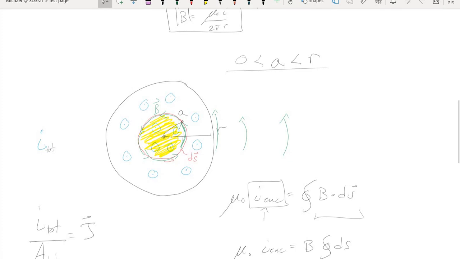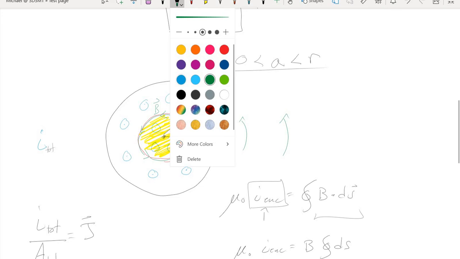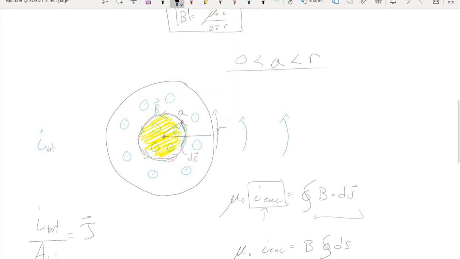Now, what do I mean by that? Well, I mean all this stuff that we just highlighted in yellow. There's a certain amount of current that is passing through that yellow cross-sectional area, and that's the value that I'm trying to figure out.